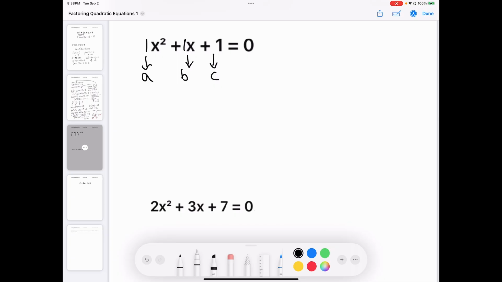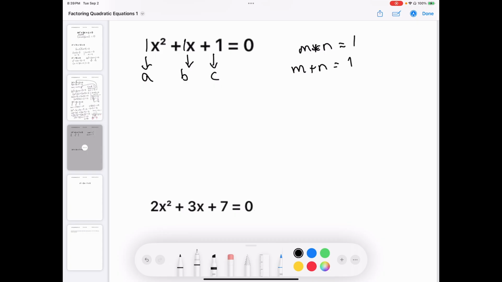So if we were to follow what we've been doing, you need to find two numbers that when multiplied, m times n, give you c, which is 1, but when added also give you 1. That's pretty hard to do, right?